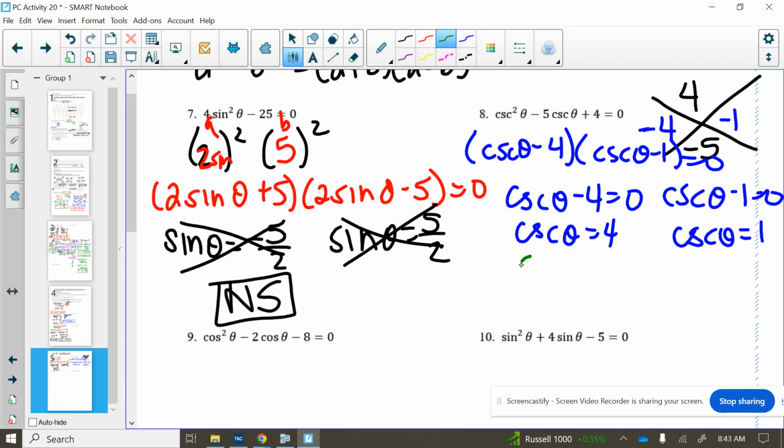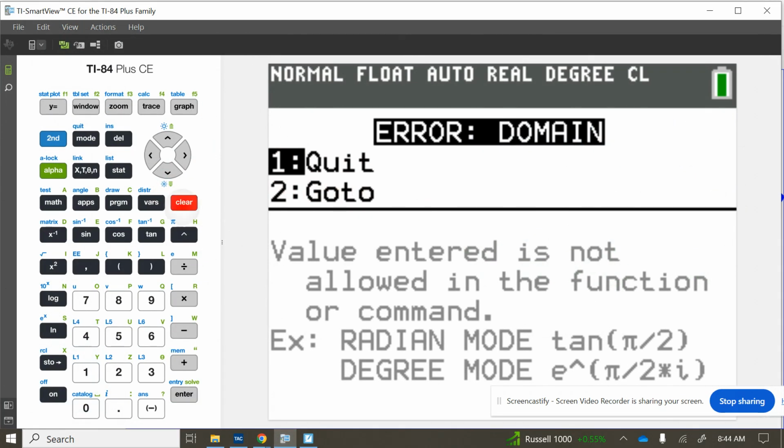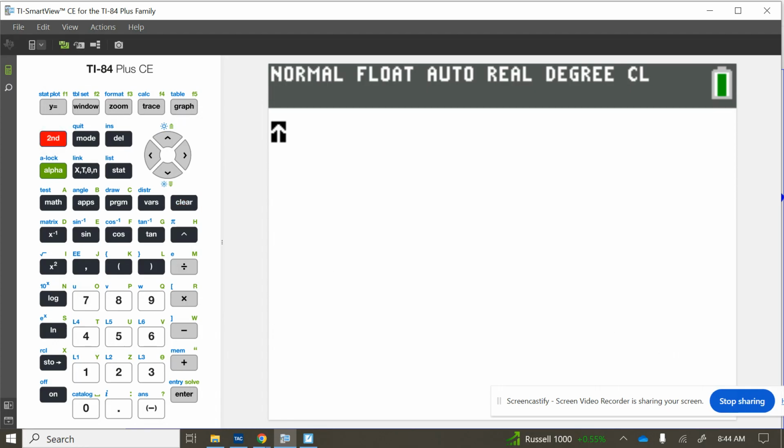Well, reminder, cosecant is not on our calculators, but sine is. So if we flip this fraction from being 4 over 1 to 1 over 4, we could look at the sine. If we flip this fraction to be sine of theta equals 1 over 1, which is still 1, right, we can find our answers. Now, the sine being positive 1/4 is going to come in quadrants 1 and 2 where sine is positive. So we would take sine inverse of positive 1/4.